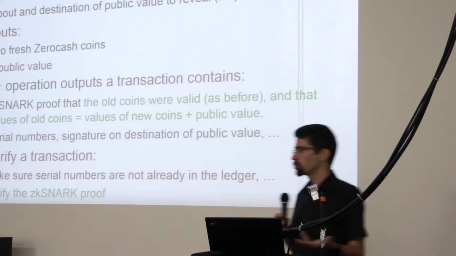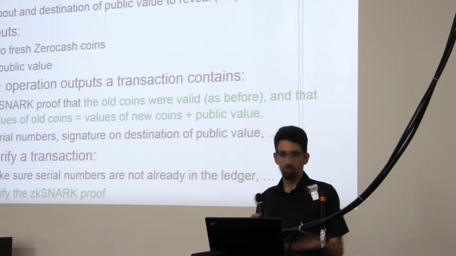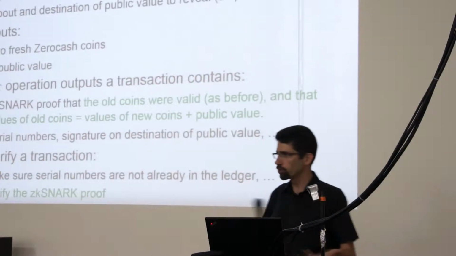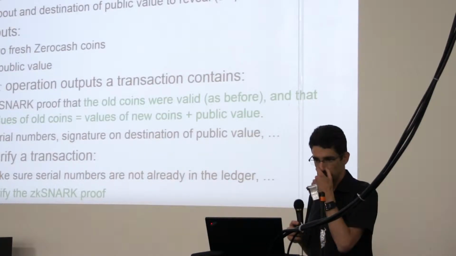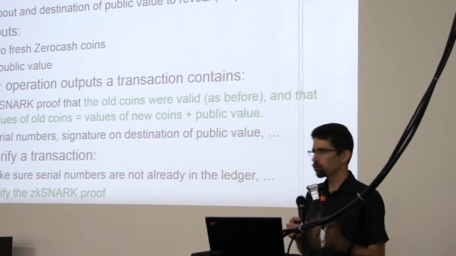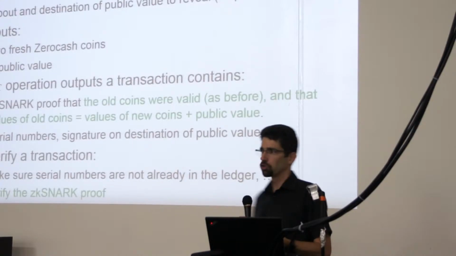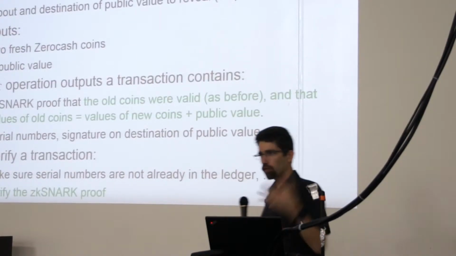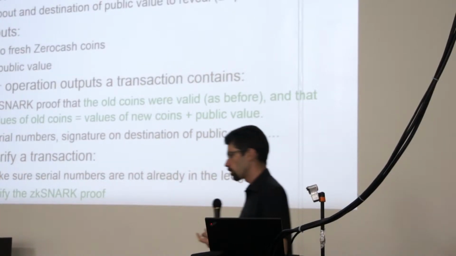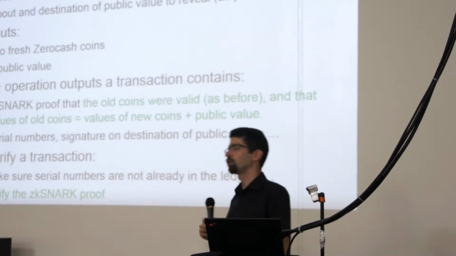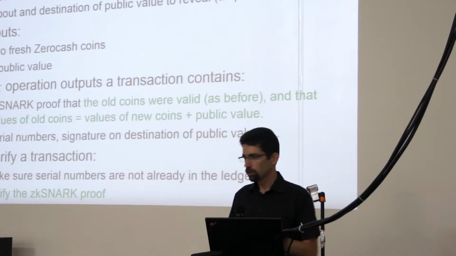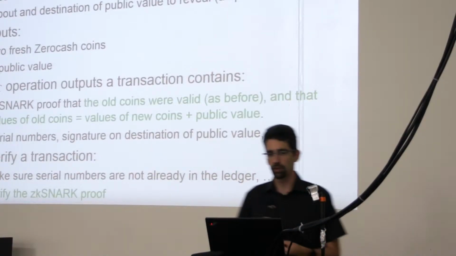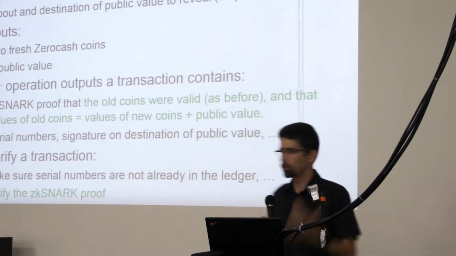Now, the proof operation works for a while. This is the heavy part of the computation. It takes on the order of a minute on a modern desktop. And it outputs a proof attesting that the old coins were valid in the same sense that we had earlier, by showing the knowledge of the internal values that fulfill those graphs we had before, which represent a predicate on the validity of coins.